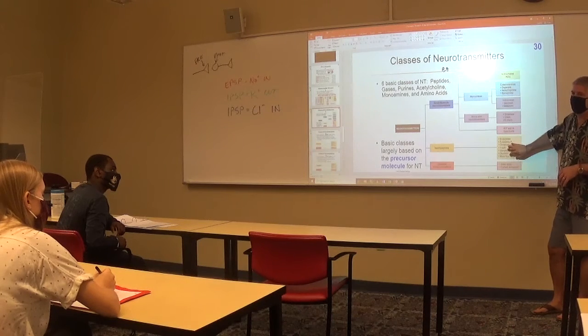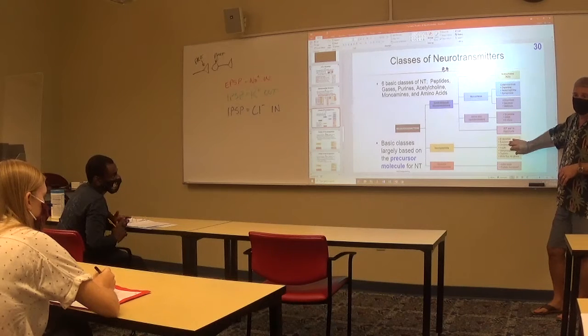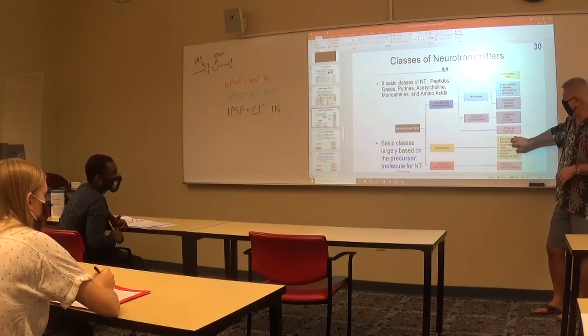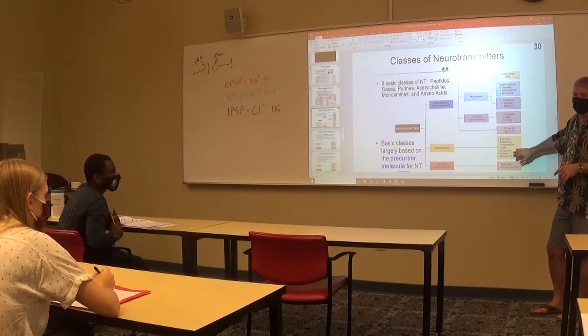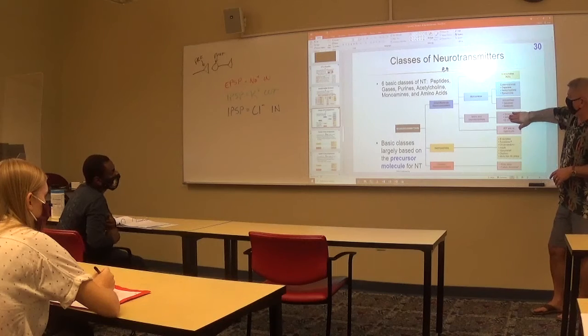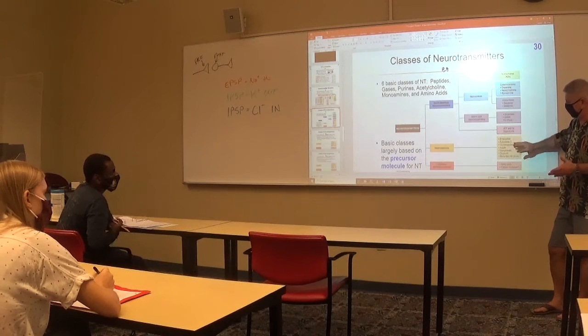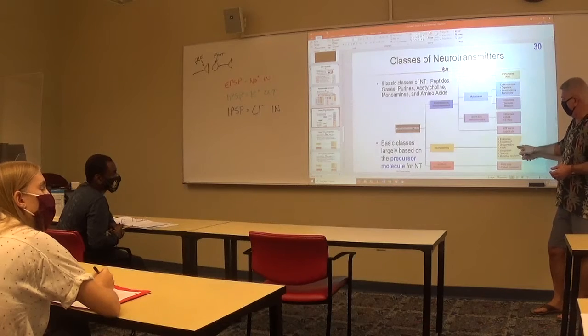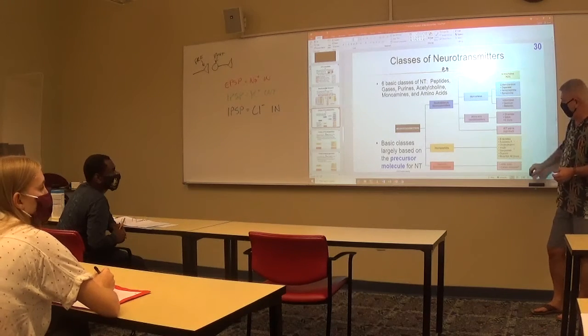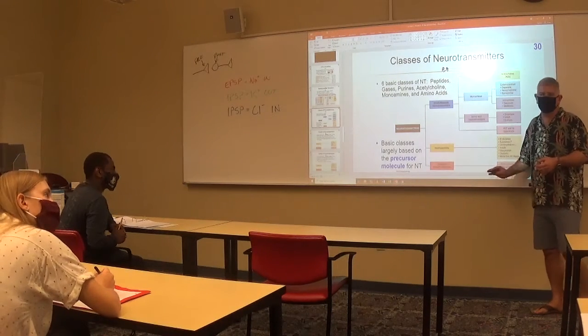They're a separate class, but they come from different nutrients that we ingest that are modified by enzymes in different ways, but they all share similar properties in how they're made. These are smaller in size, these are bigger in size, that doesn't really matter, but that's why they're all grouped together. And then gases is the last class.